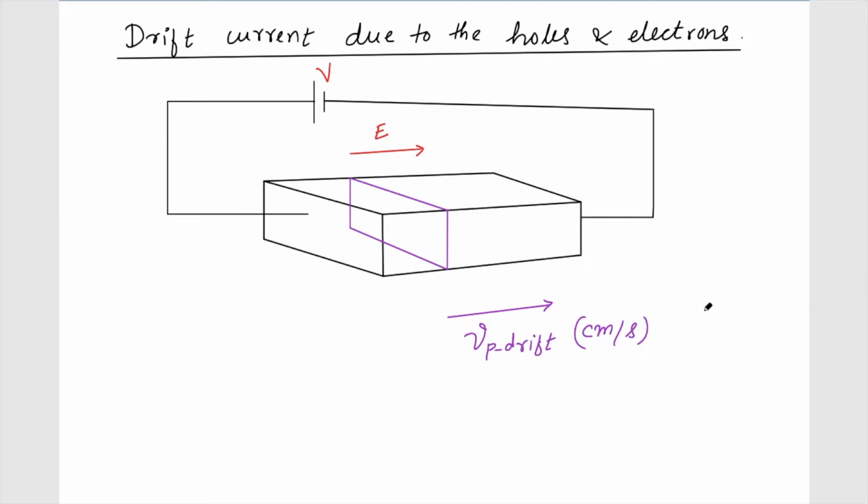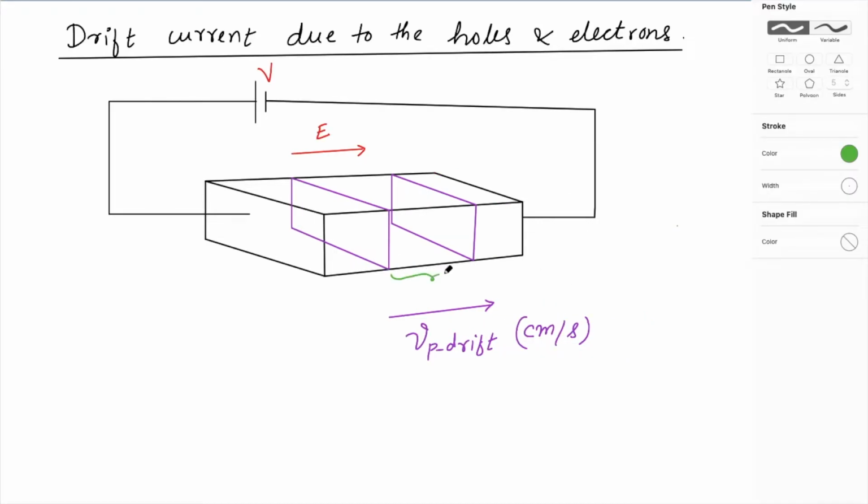That means in 1 second, the holes are going to move by vp drift centimeter. So in 1 second the holes will move maybe to this point. Okay, so it has moved to this point. So what we can say is that the length covered in 1 second is this much, right?